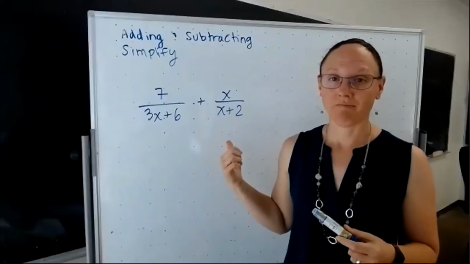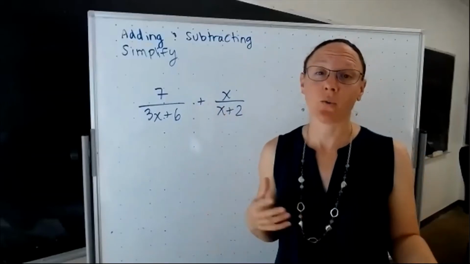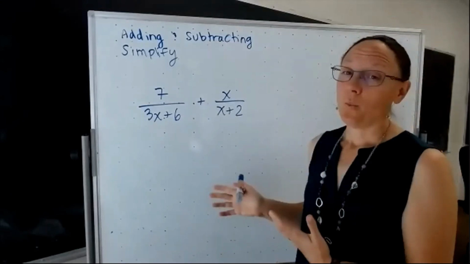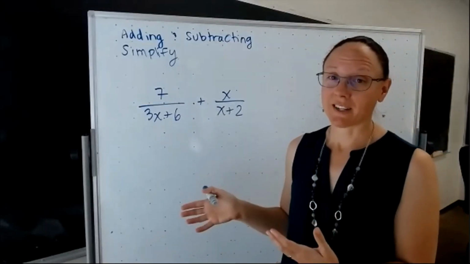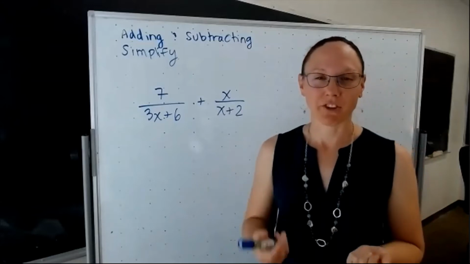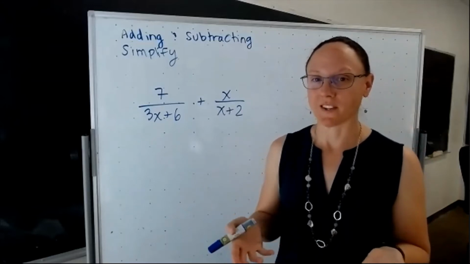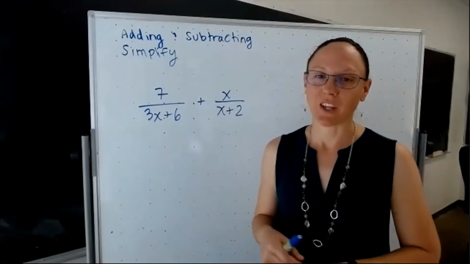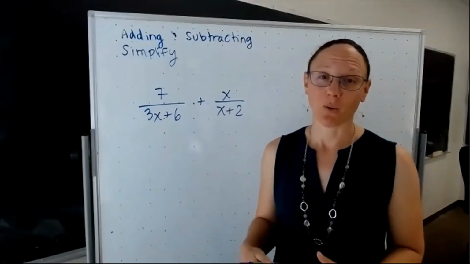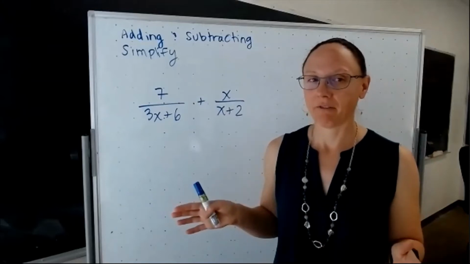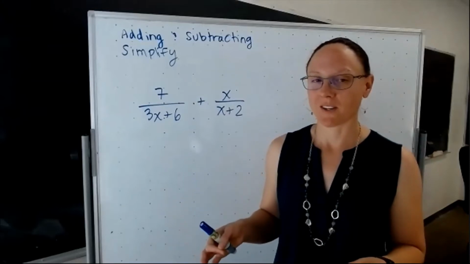Starting with this expression, I've got addition, so I know that I need a common denominator. One of the tricks to save yourself time is to be on the lookout for that lowest common denominator. And usually, in order to find the lowest common denominator, I want to make sure that everything that I have is factored as much as possible.